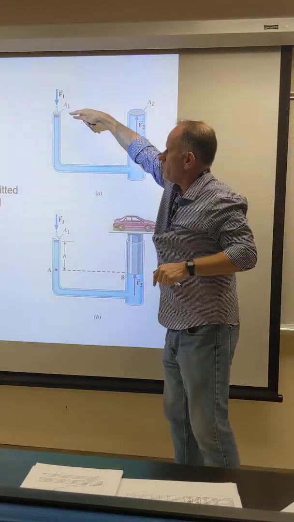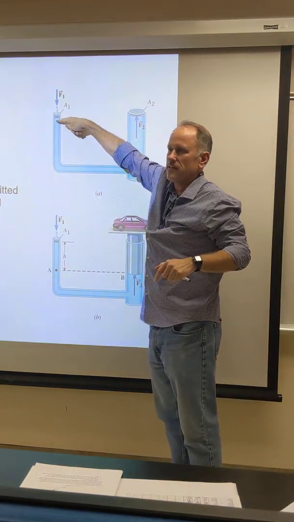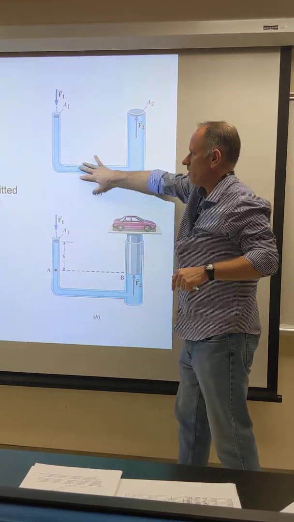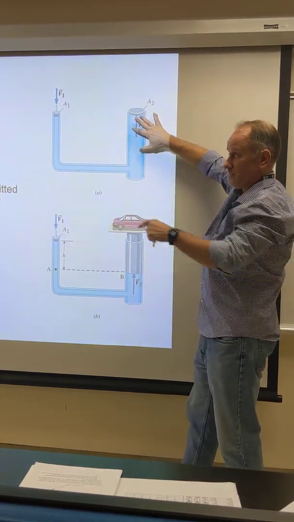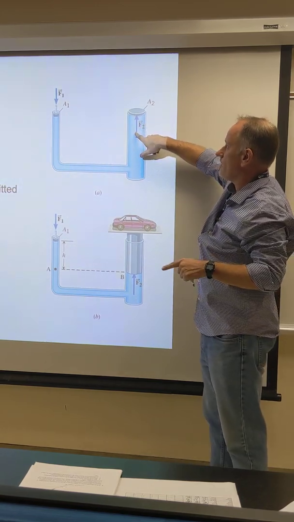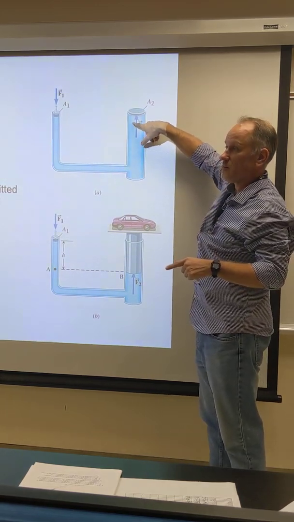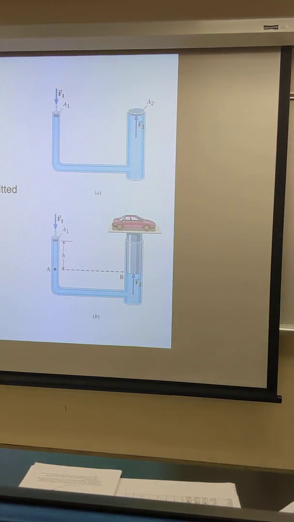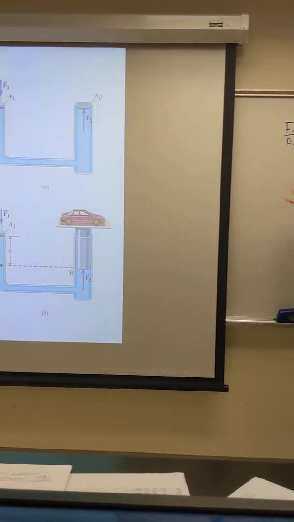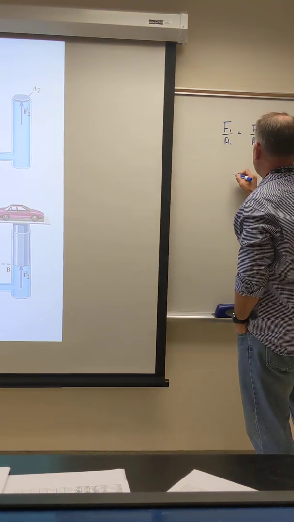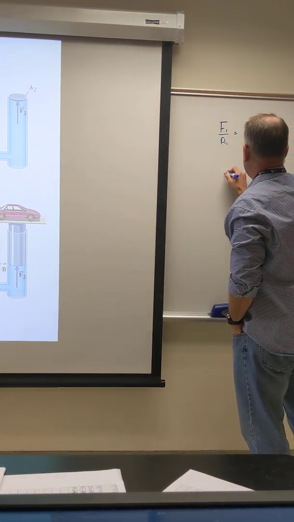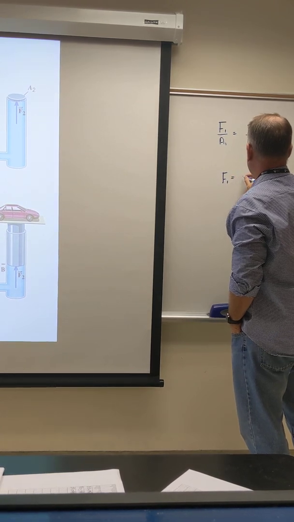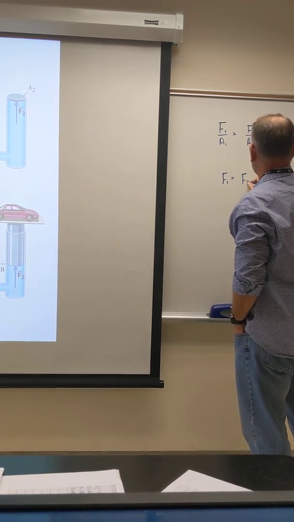What we'll end up doing is putting a force on one end of the liquid, and that change in pressure is felt throughout the liquid because it's an enclosed fluid, and thus gives us a force on the other piston that will support the vehicle. And so if I manipulate this equation, it would tell me, for example, how much force do I need to put in to lift the vehicle?